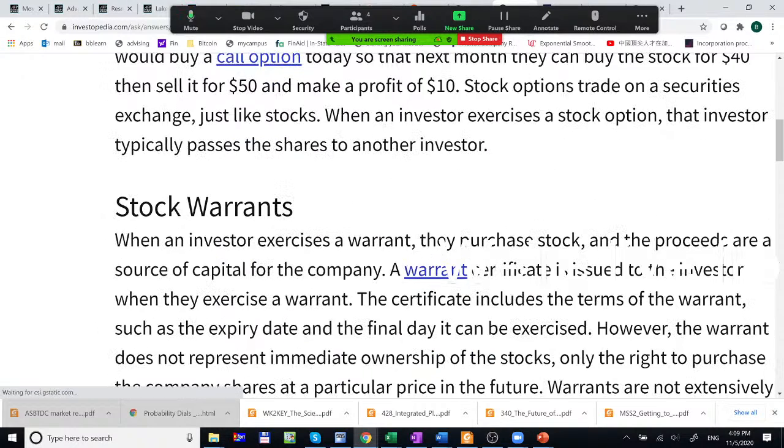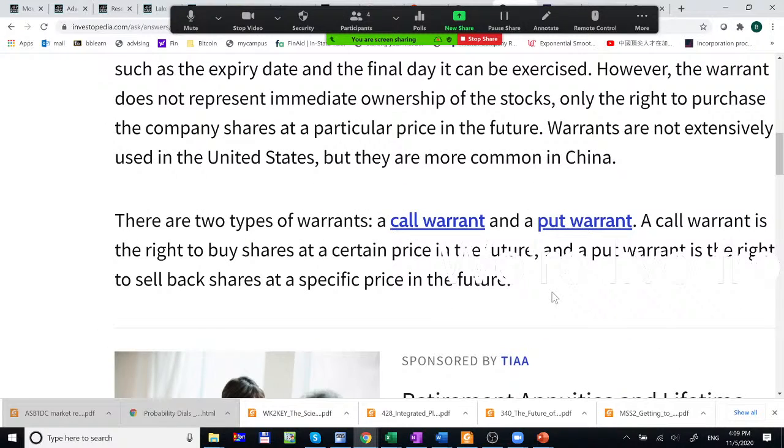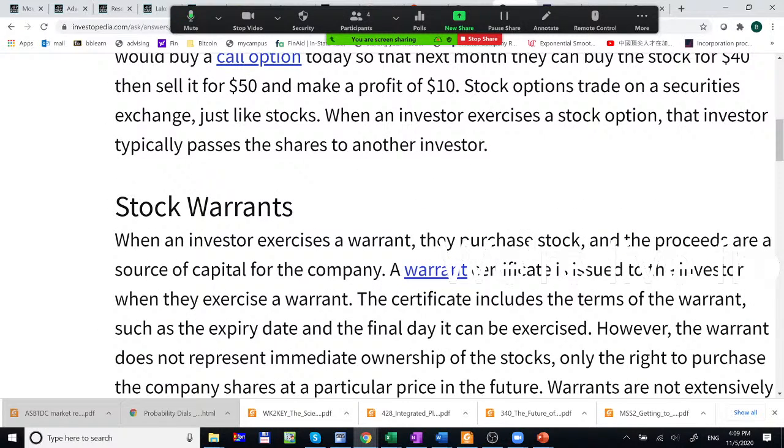Options can be used, and you can buy and sell them easily. Warrants probably not. And you could have debt holders, the banks that lend you money, asking for some warrants too. So that could be financially engineered.